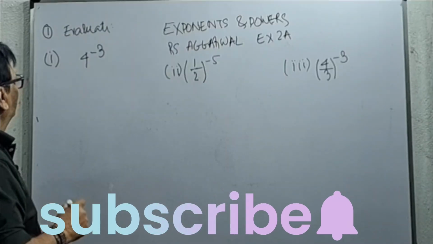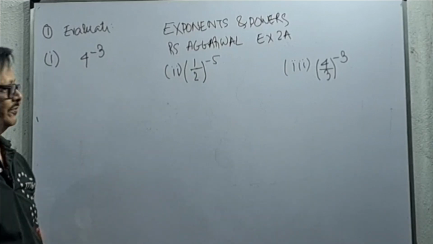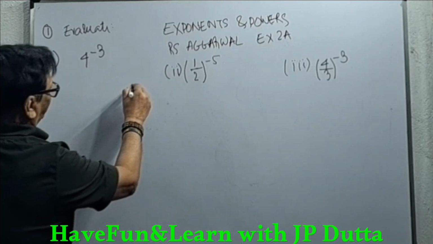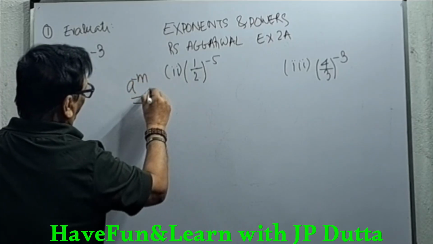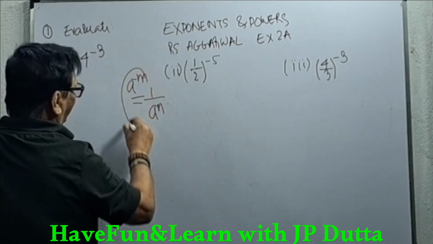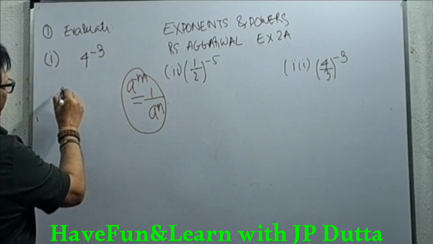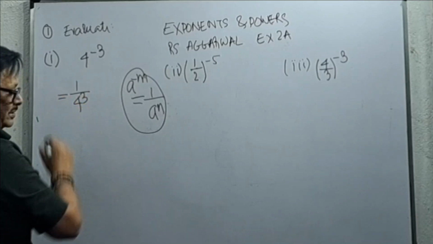Let's go over to the solution. So question number 1, part 1. Evaluate 4 to the power of negative 3. We know that a to the power of minus m is equal to 1 by a to the power of m. So we apply this rule here. This will be equal to 1 by 4 to the power of 3.